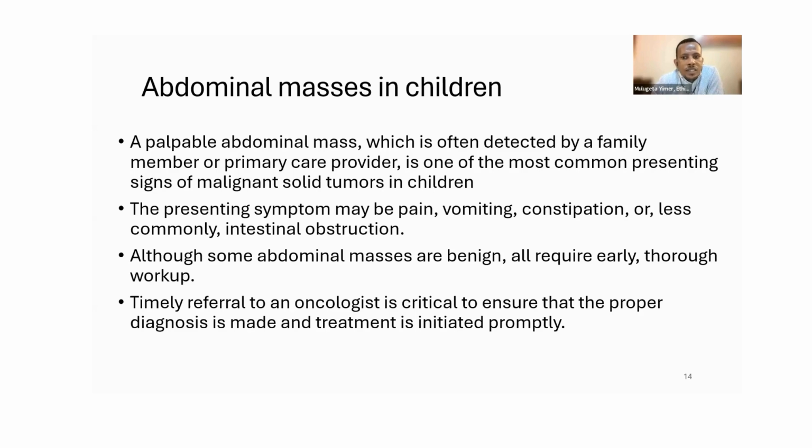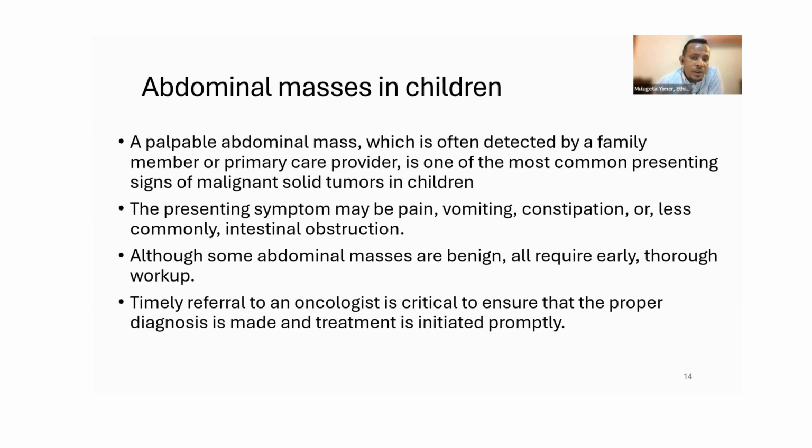But it is a common presenting sign of a malignant solid tumor in children. As a symptom, families could complain of abdominal pain. We have patients who presented initially with pain, and that was considered as acute abdomen by primary care physicians, and then upon proper evaluation and imaging, there was a huge retroperitoneal mass.